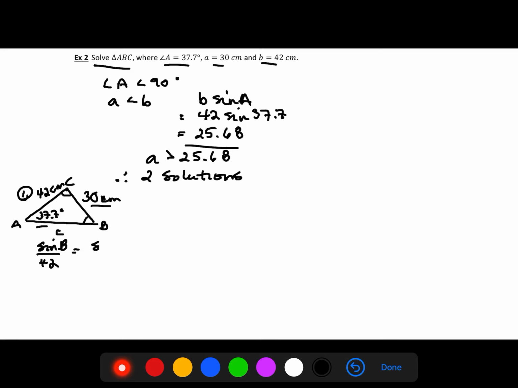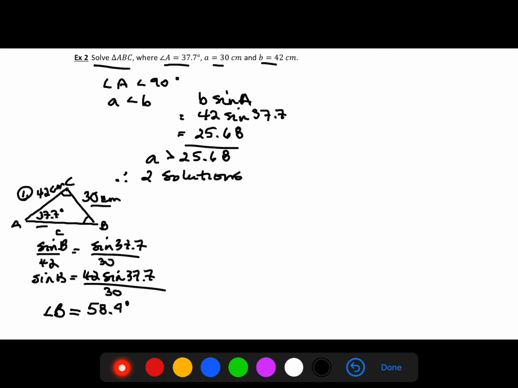Starting with, we're going to use our sine of A to find angle B. So sine B over 42 equals sine 37.7 over 30. Taking our 42 over to the other side, and remembering we do our inverse sine once we get our decimal, we figure out that angle B is 58.9 degrees.